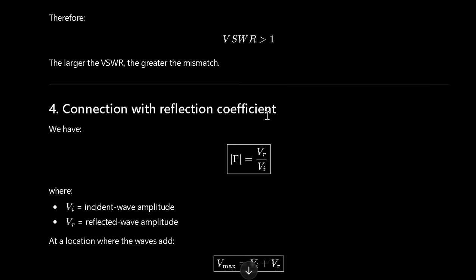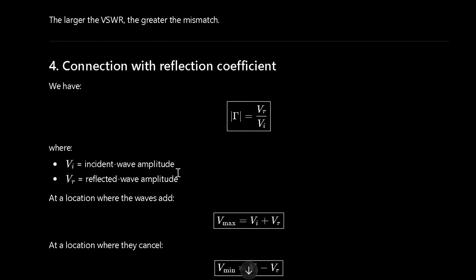Connection with reflection coefficient. Here, we know what the reflection coefficient is. Originally the value was in terms of impedance, and in terms of the reflected wave it is Vr by Vi, reflected amplitude over incident amplitude. This is new to you. So this is not voltage, sorry, it is amplitude: the incident wave amplitude and the reflected wave amplitude.